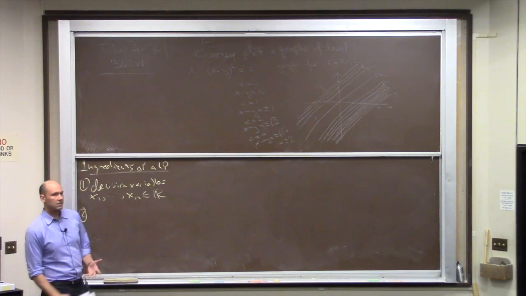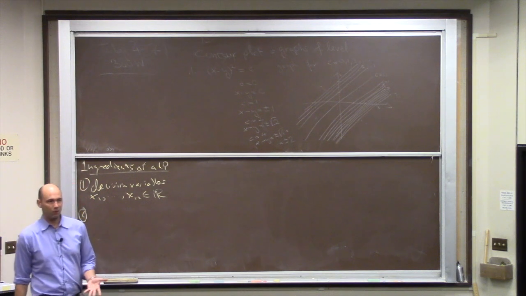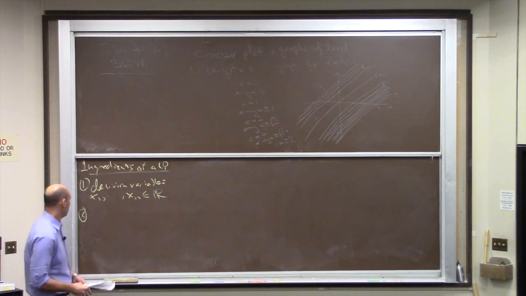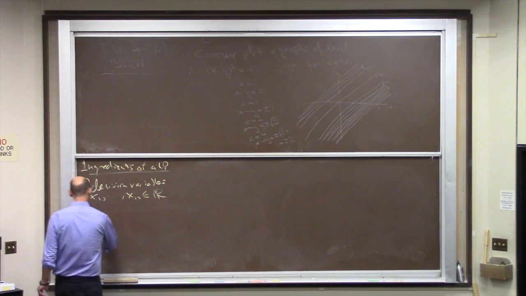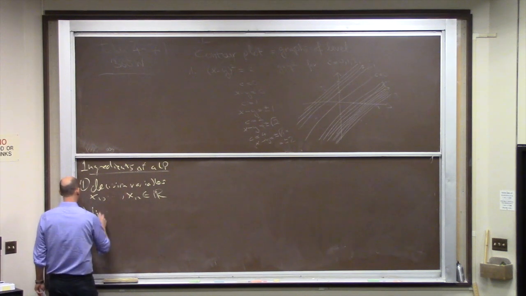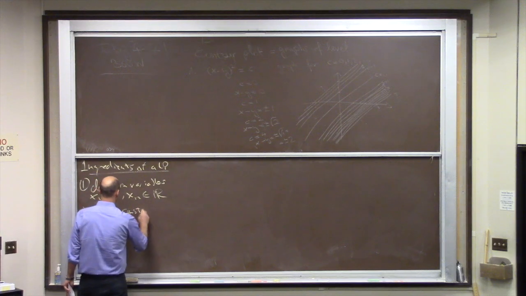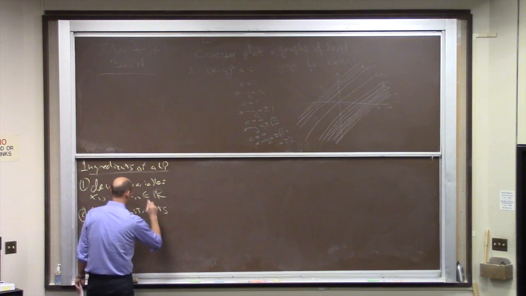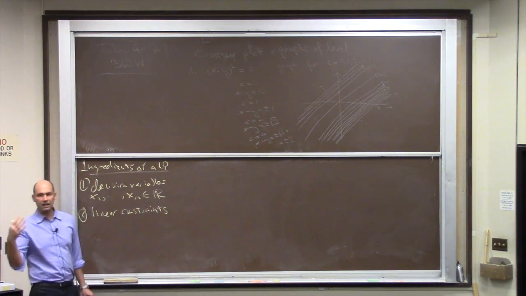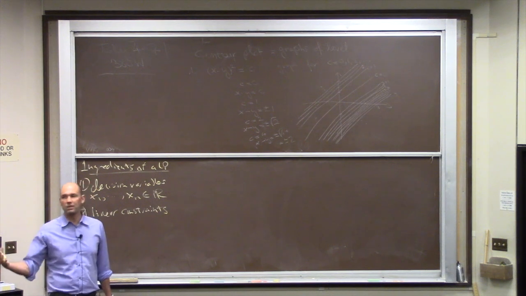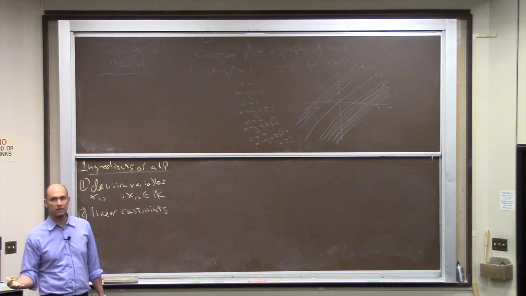So then you have to discuss what's allowed, what's feasible. Okay? So there are going to be constraints, and no surprise, given that it's called linear programming, the constraints should be linear. Okay? So like the ones we had in a system of linear equations, except we're also going to allow inequalities.